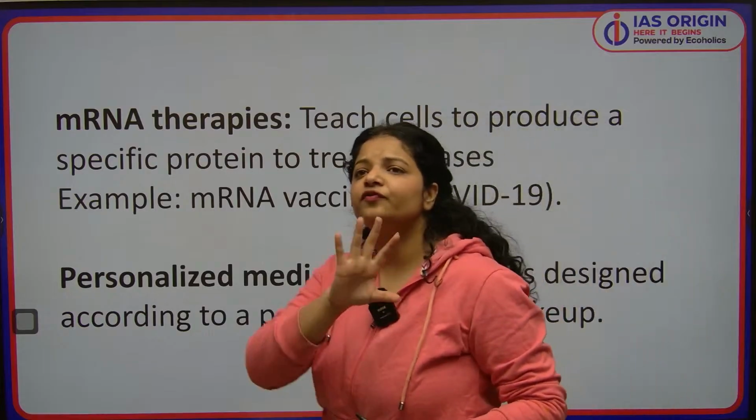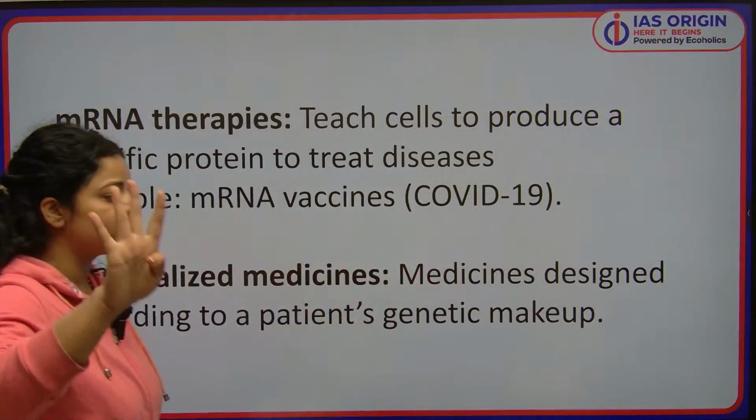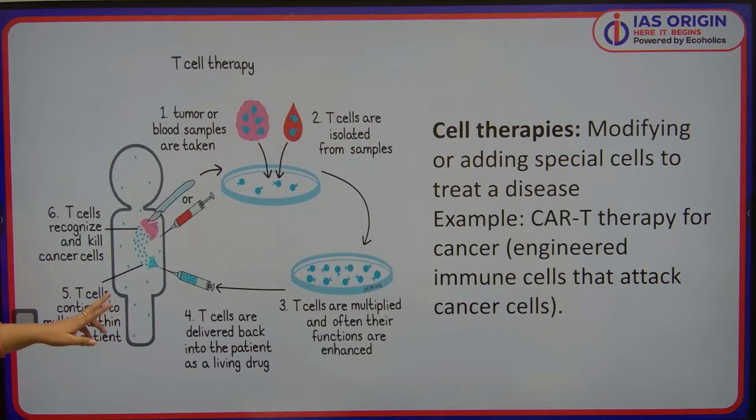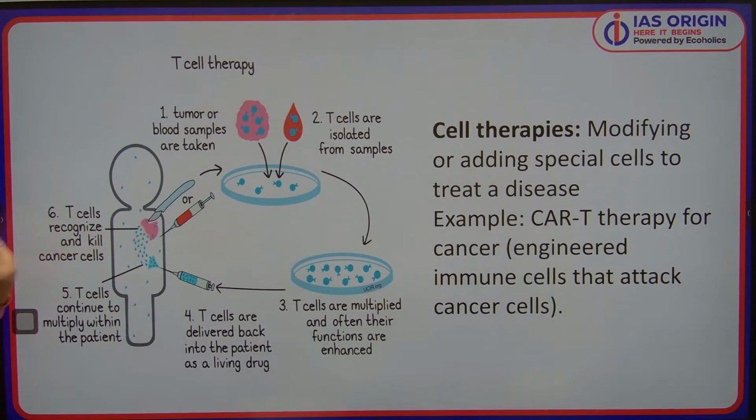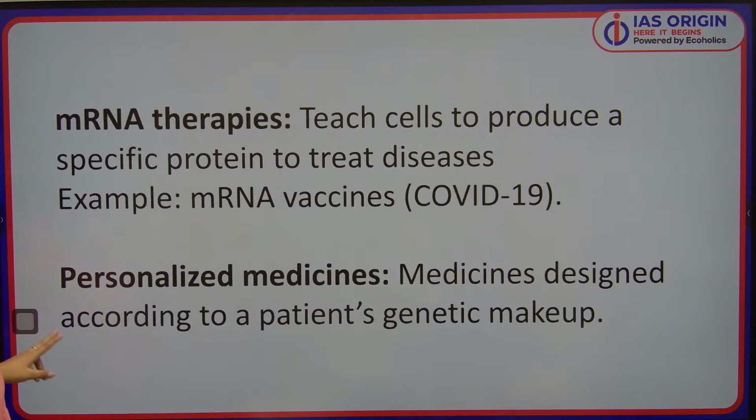So these are the four major kinds of precision biotherapeutics which are importantly used. Number one, gene therapies, which we have discussed. Number two, cell therapies. This is very important from the examination point of view, and hopefully from this diagram you have understood what I was trying to tell you.